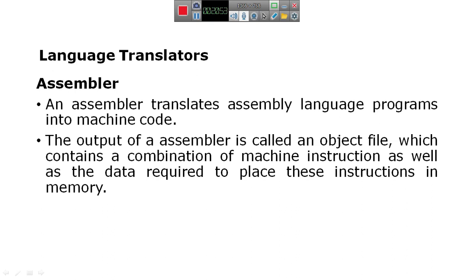It converts assembly language instructions into machine language, not the high level language. It converts only the instructions which are written in assembly language into machine language.